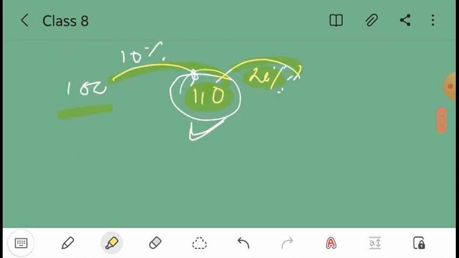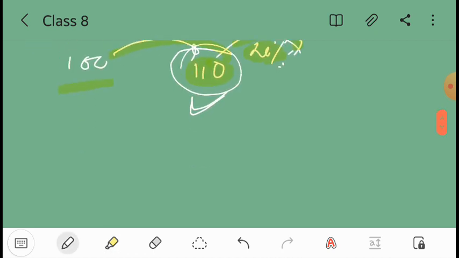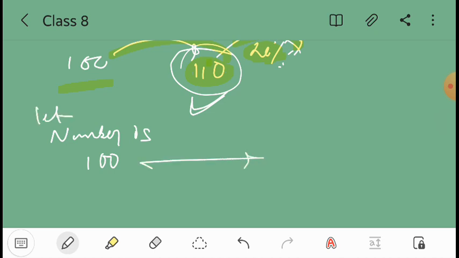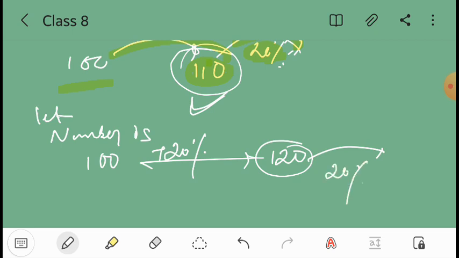So for this we can use a number, let the number be 100. So whenever it increases 20%, it will be 120, right? An increase over 100, that is 20%, is 120 definitely. And again it increased 20%.